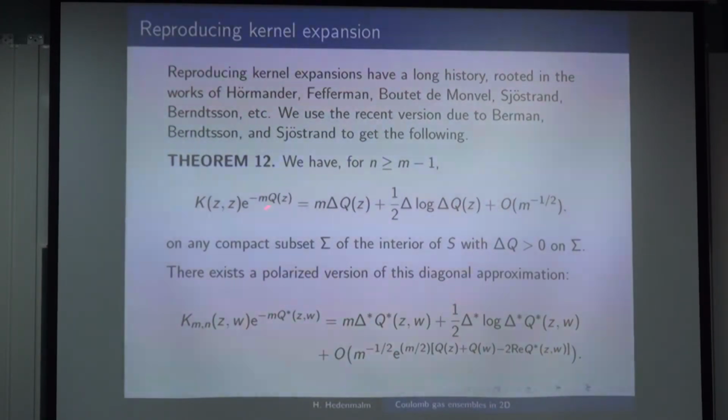But here we are actually interested in the polynomial kernel, so it's not the whole space. The natural question is, what happens then? Still, it is possible to model inside the droplet. You can get a good expansion theory for the reproducing kernel function. This kind of statement also has a polarized version, so that when you have two points z and w close to each other, so the pair is close to the diagonal, you have a polarized version of that statement.